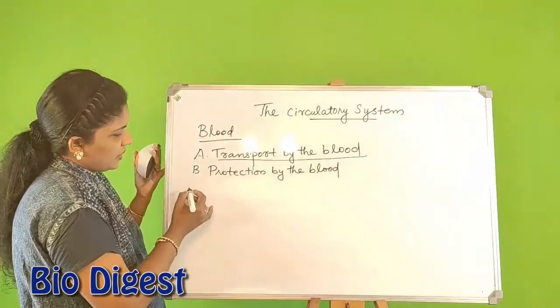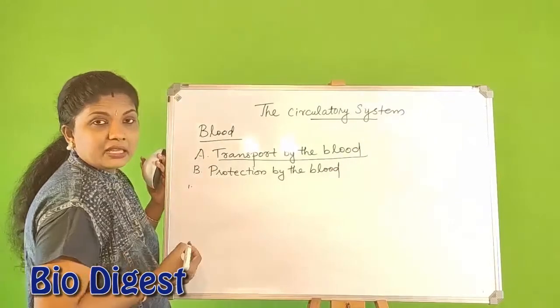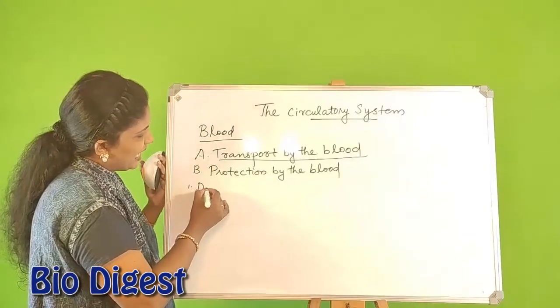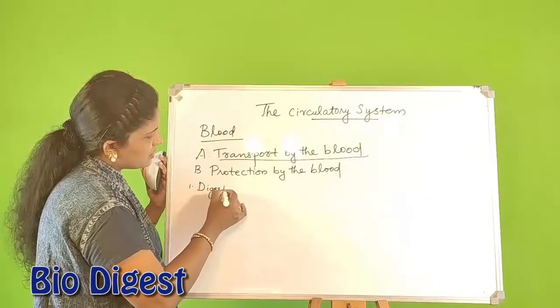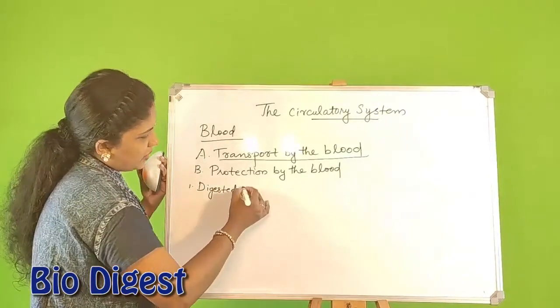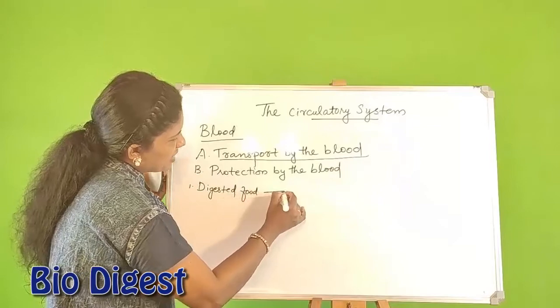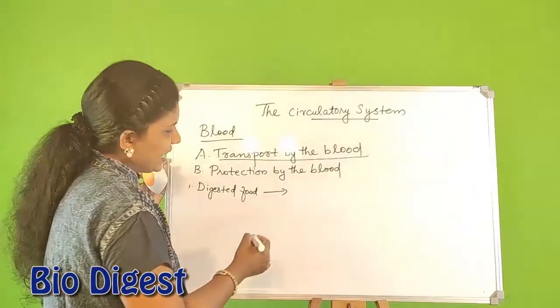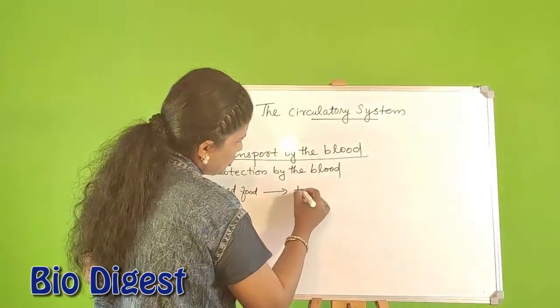One, blood helps in the transportation of digested food materials. Digested food materials are transported from the alimentary canal to the tissues.